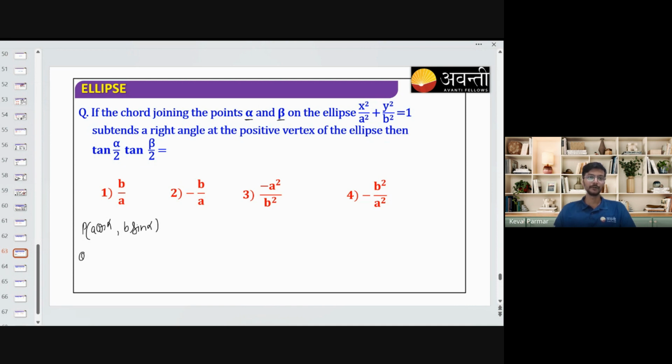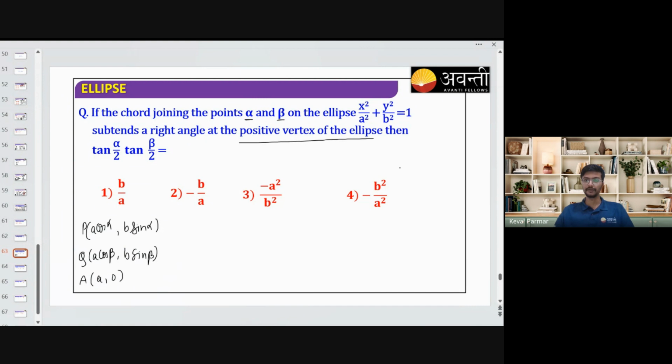Similarly, we can assume the point Q with eccentric angle beta as A cos beta, B sin beta. It subtends a right angle at the positive vertex of the ellipse. What is the positive vertex of the ellipse? A comma 0.